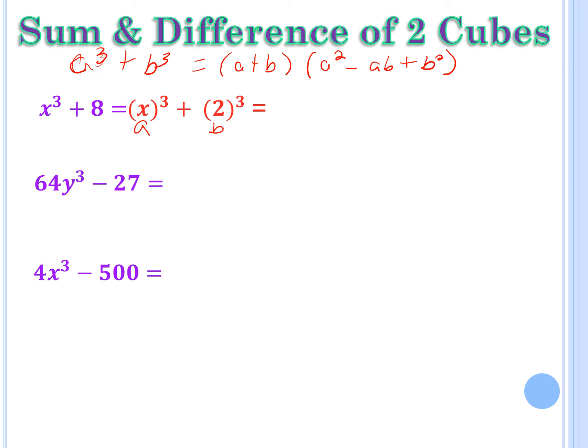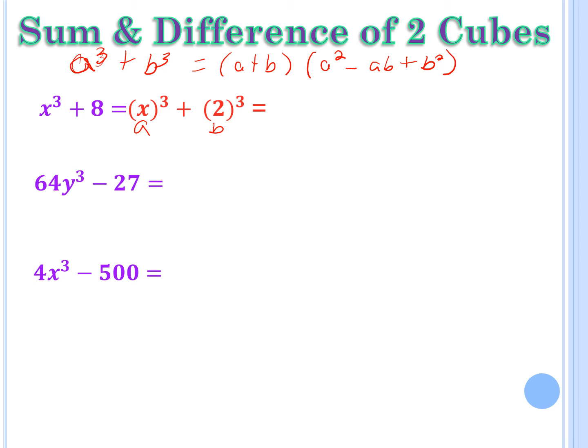So that's why it is so important to identify, because your b is not 8, your b is 2. So the a is what cubed gives me the first term, and the b is what cubed gives me the 8, or the second term. So a is x and b is 2.